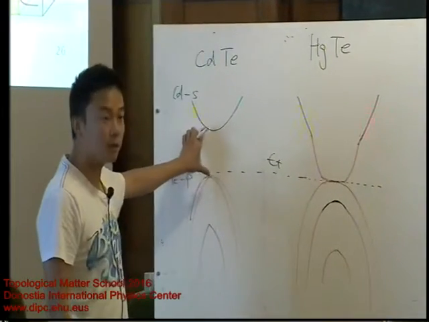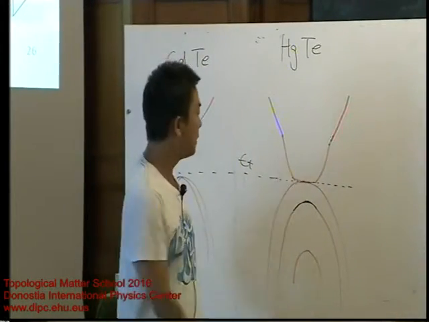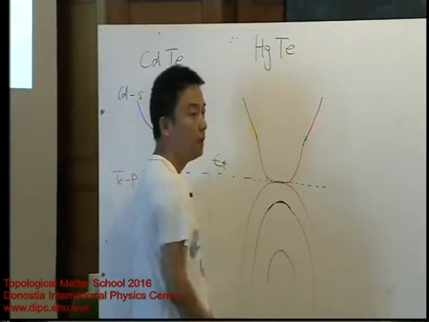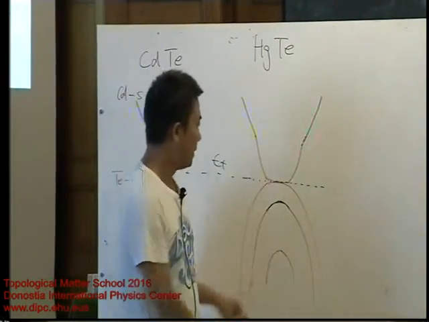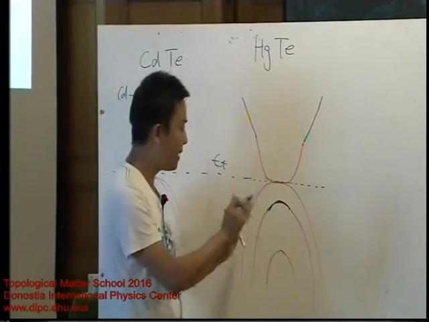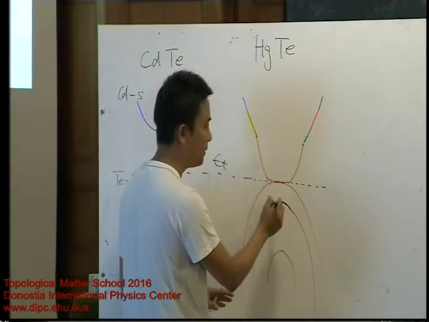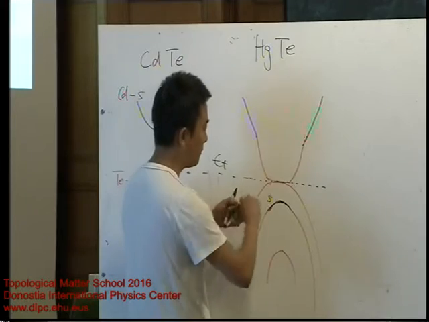Then this one is just a normal semiconductor. This is a semimetal. The reason is the band degeneracy related to the cubic symmetry of the material. And here, clearly we see this band inversion. This inversion is happening exactly between this S state and the P state, the red one.